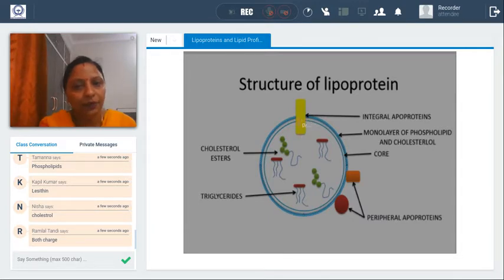So these are integral apoproteins, these are peripheral, monolayer of phospholipid and cholesterol, these are amphipathic in nature, and these non-polar cholesterol esters and TGs make the core of this lipoprotein. So now is it clear to all of you?